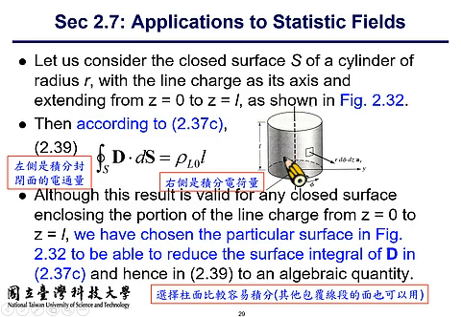So the total charge will be the line charge density rho sub L0 times the length of the cylinder L. So that's the right-hand side of the equation.